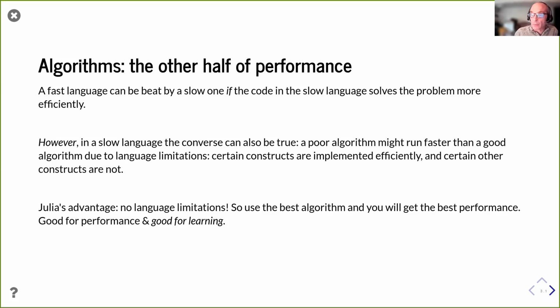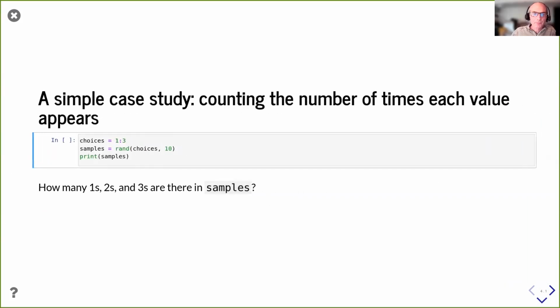And so that makes Julia both good for the performance. Your code will run essentially as fast as you can possibly make it. And it's also good for learning, right? It becomes much more transparent, much more obvious why you're getting the performance that you're getting when your language doesn't impose barriers in its ability to implement the core computations that your reasoning about the nature of the algorithm suggests.